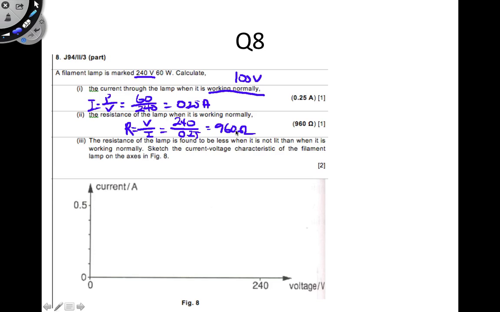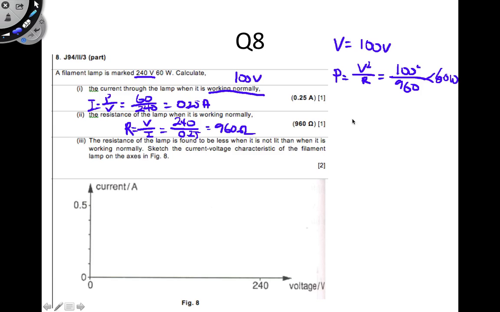Let's look at this number. Let's see what happens when the lamp is not working normally. Let's say I give it a potential difference of 100 volts now. The new power would be V squared over R, so 100 squared over 960, and you should get a number that is less than 60 watts.